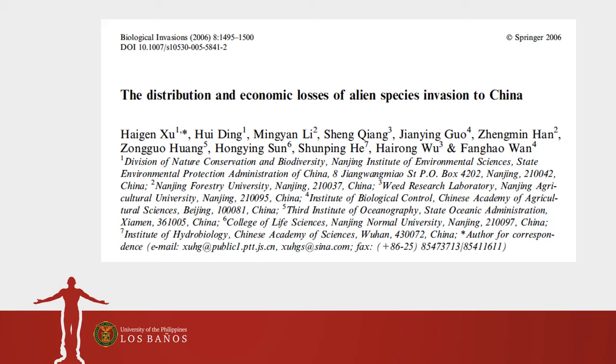Indirect economic losses were based on the causes to service functions of forest, agricultural, grassland, and wetland ecosystems. The total economic losses were estimated to be $14.45 billion during that time. And that was a long time ago, 2006.